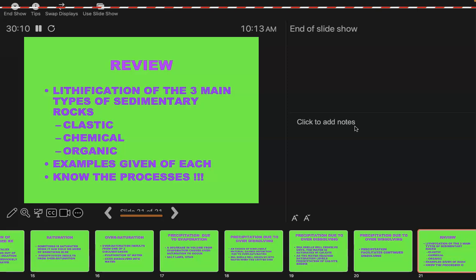And like I said, I don't have you guys do short answer questions anymore. But like we talked about with the rock cycle, if you could explain it in sentences, you could label any diagram anyone will throw at you. This goes for any class. Okay. So try to be able to explain the process of formation of clastic sedimentary rocks, the compaction and the cementation.